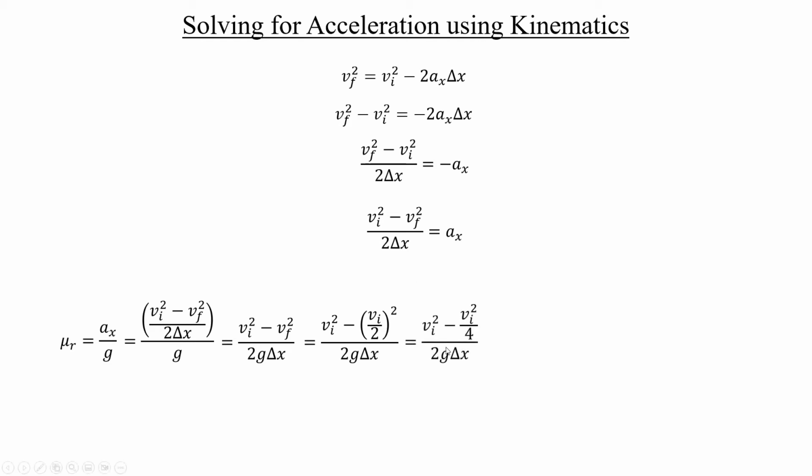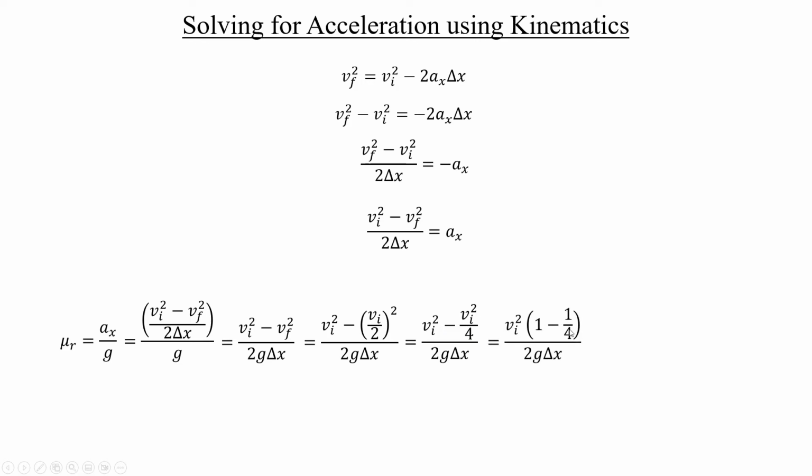Well, we'll still have this term out front, but we'll have v initial squared, but divided by 4. Why? Because of this 2 in the denominator that gets squared. And what I would recommend doing is factoring out the initial velocity squared from everything in the numerator here. So it should look like this.